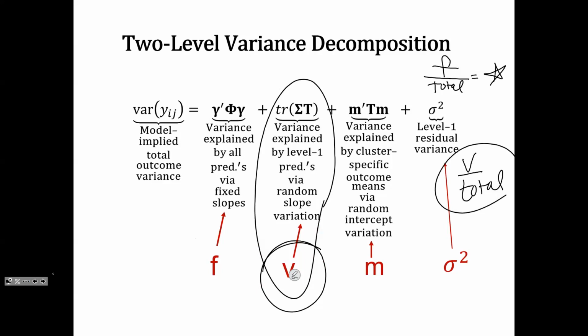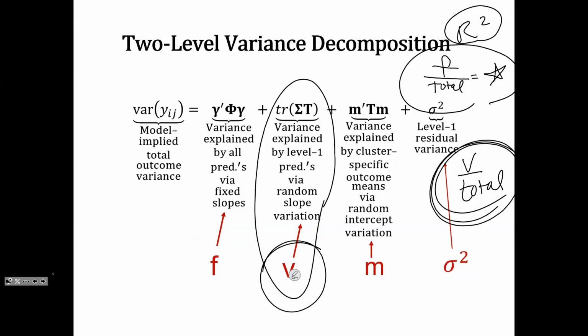And obviously, remember what I said before the break, if this ends up being something super close to zero, that would be an indicator to me that maybe I don't need to allow that slope to randomly vary, because allowing it to randomly vary isn't actually explaining any of my outcome variance, right? This closely aligns to the way we think of R squared in a multiple regression. This becomes hugely important from a diagnostic standpoint about whether I actually need those randomly varying slopes or not, which is kind of like the theme of the day.